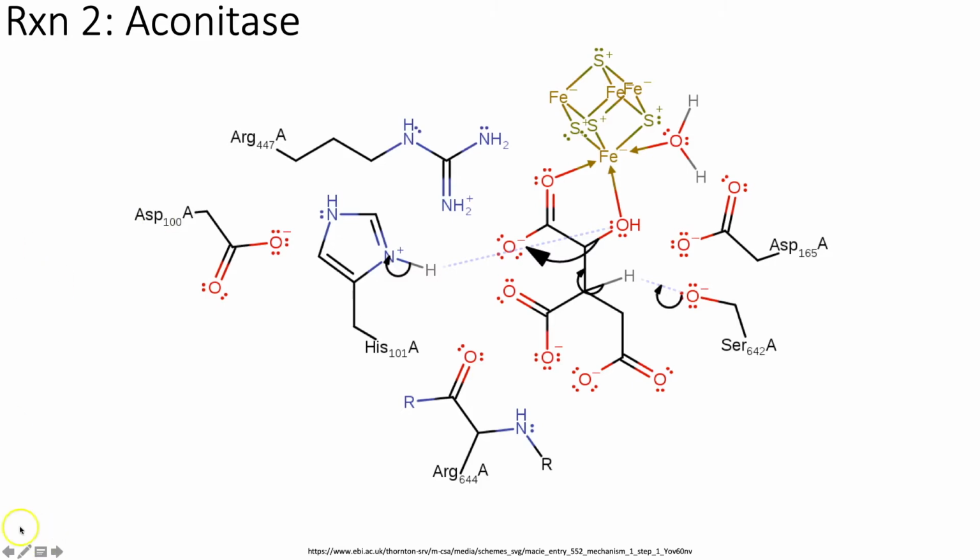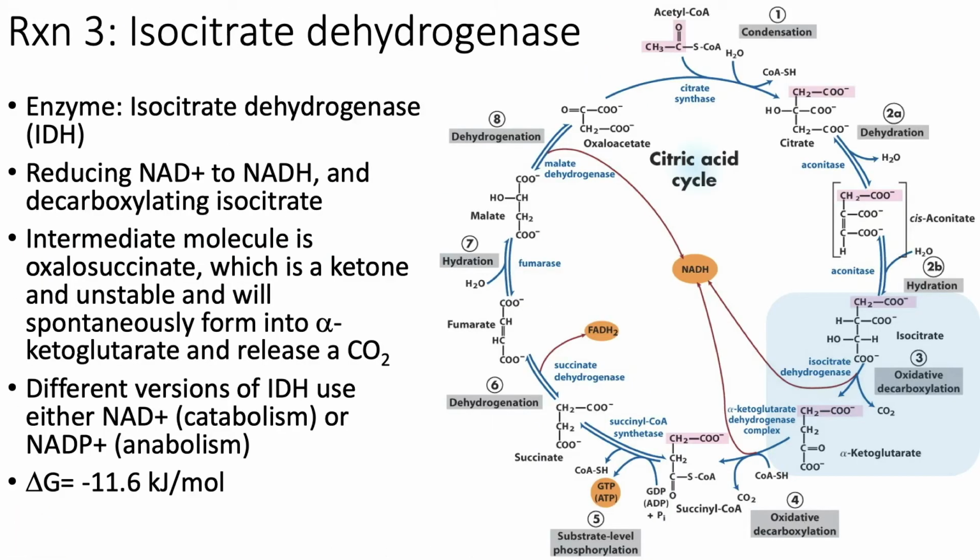Pretty cool. So let's go on to reaction number 3. The enzyme here is isocitrate dehydrogenase, acting on isocitrate, which is what we just made, right? Whenever you see a dehydrogenase, that is awesome. We're going to use the dehydrogenase to dehydrogenate something. We're going to take a hydrogen off, and in the context of the citric acid cycle, we take that hydrogen, with the energy and electrons it carries when we break that bond, and stick it onto NAD+ to make NADH.